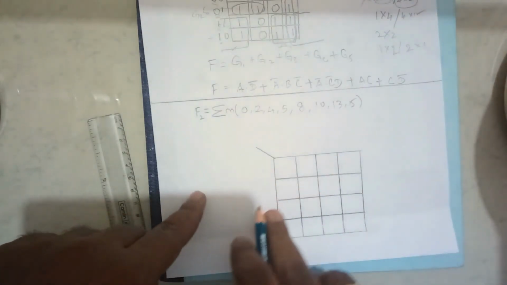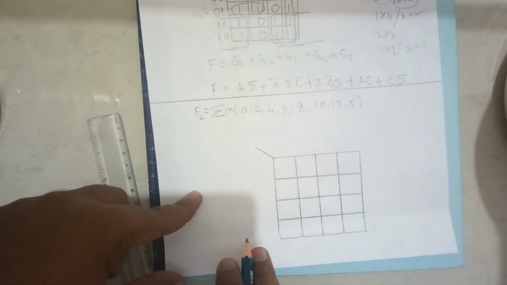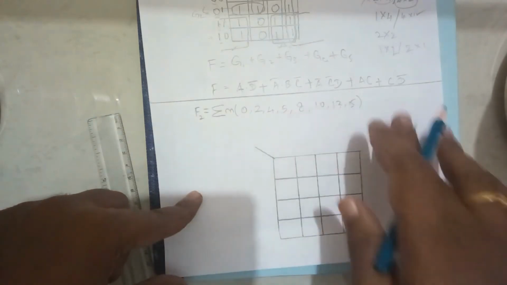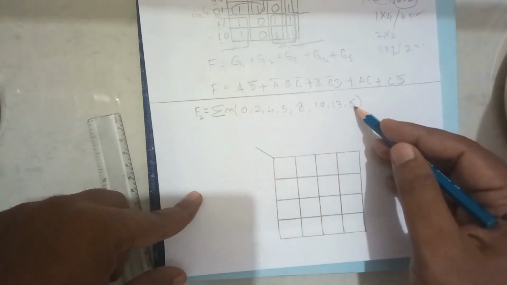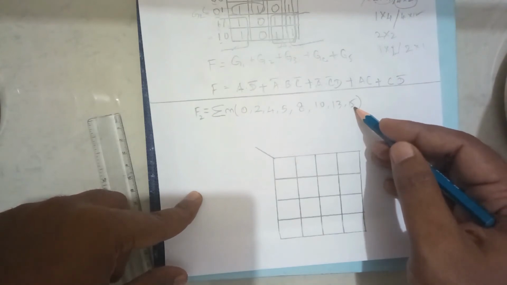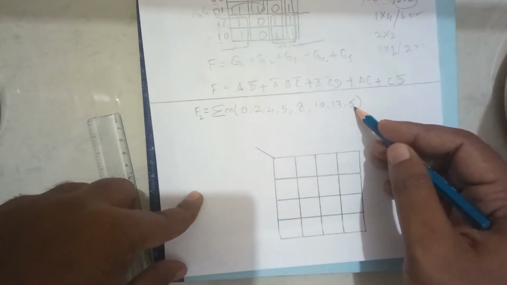Suppose I have min terms like this. Actually I was making it up wantedly only. If the min terms are like this, how do you group it? That's the problem. Here also the maximum number is 15 and it can be represented with 4-bit variables.